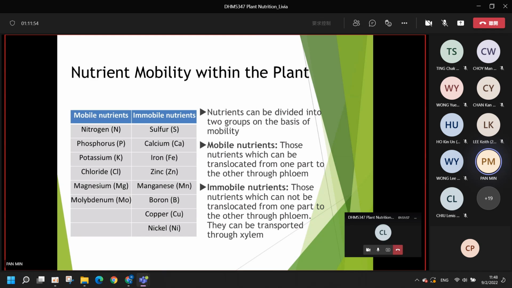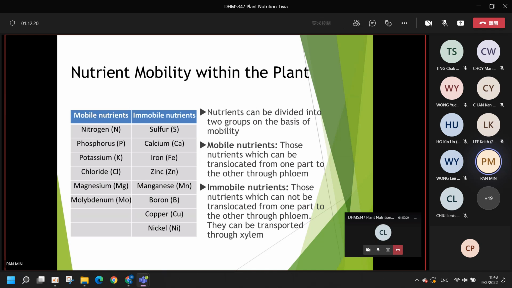However, immobile nutrients are different from the mobile nutrients. It is difficult for them to be transported through the phloem, and so the diffusion systems for mobile nutrients and immobile nutrients are also different.